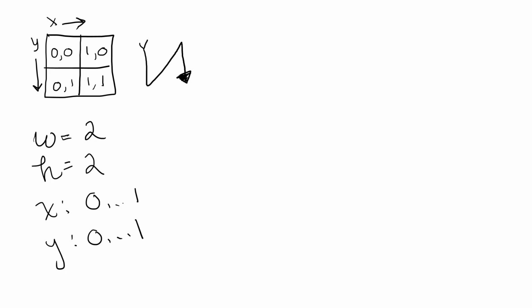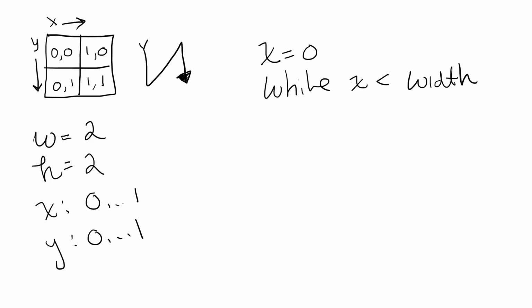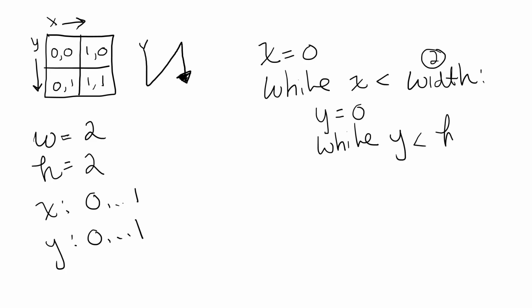So if we want to access it in this direction, we just invert how we are running the loop. So we start off x equals 0 while x is less than width. In this case, it's 2. Y equals 0 while y is less than height.